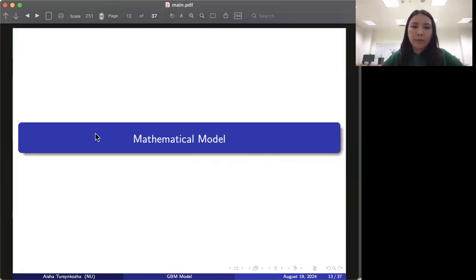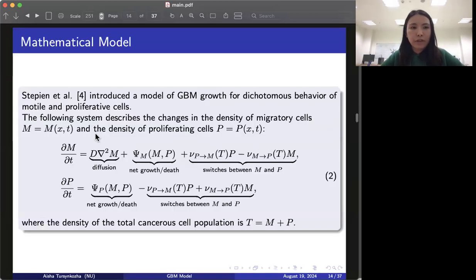Here is our mathematical model, which was first introduced by Stepien. She introduced a model of GBM growth for the dichotomous behavior of motile and proliferative cells. So here we have a system of PDEs. The first PDE represents the migratory cell population, which consists of diffusion, the net growth-death rate, and the switches between the M and P populations.